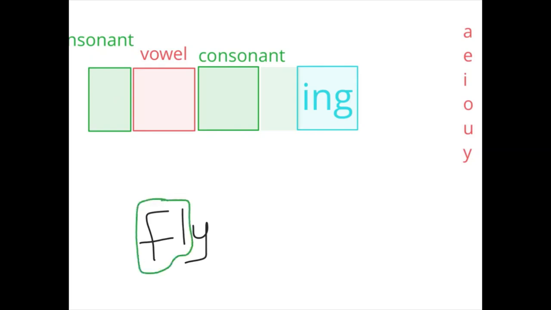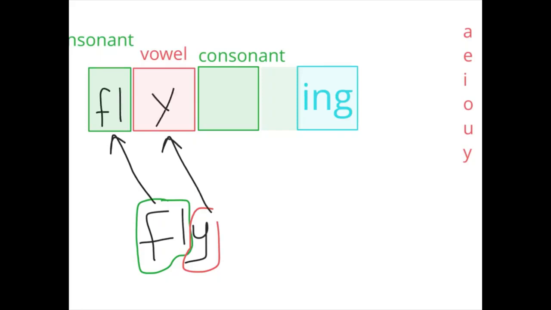And then in this word, our vowel sound is the Y. Y at the end of a one-syllable word says I, so this says fly. We need to put our consonant blend in here and our vowel in here. So we can put fl, I, fly.